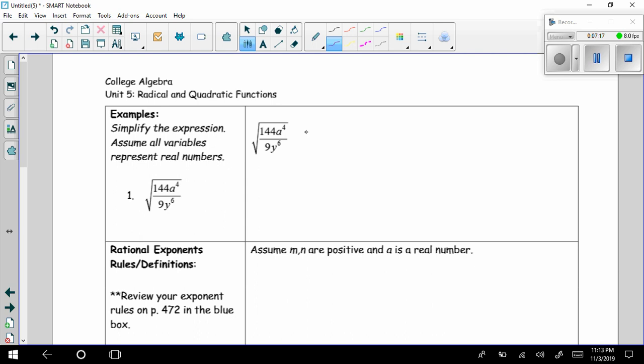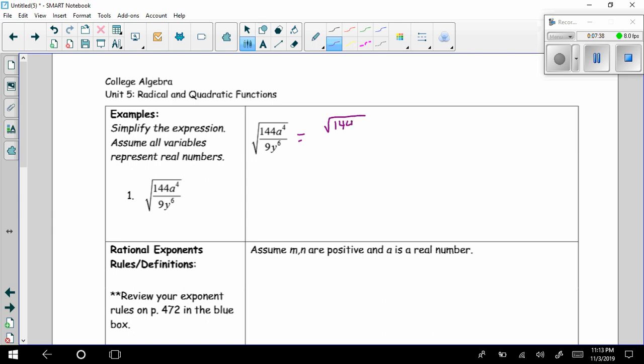Okay, so just using that idea, we can then simplify expressions. So with the quotient rule, we can pull things apart if this doesn't simplify first. Now 144 and 9 both reduce actually by 9. So there's a couple ways to do this problem.